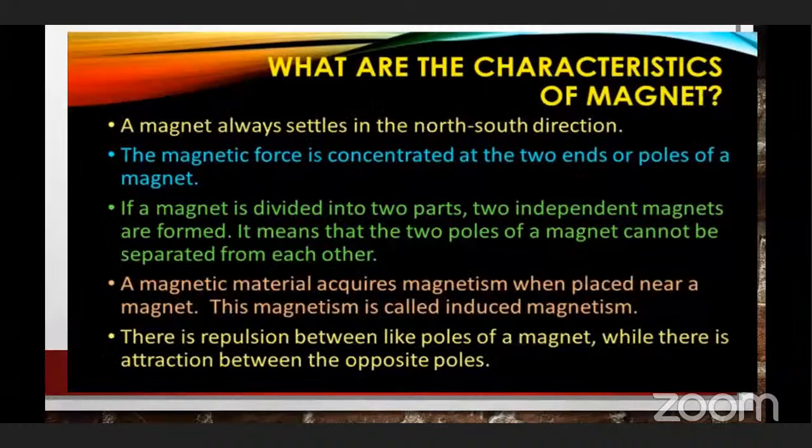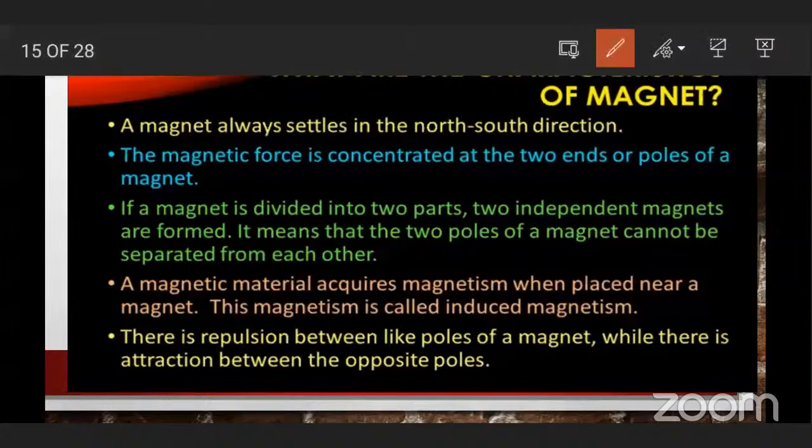So we will summarize all these characteristics of a magnet. First characteristic, we saw that a magnet always settles in the north-south direction. Second, the magnetic force is concentrated at the two ends or poles of a magnet. Third, if a magnet is divided into two parts, two independent magnets are formed.